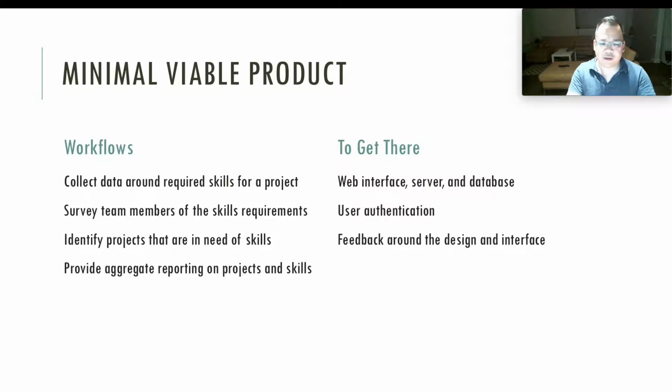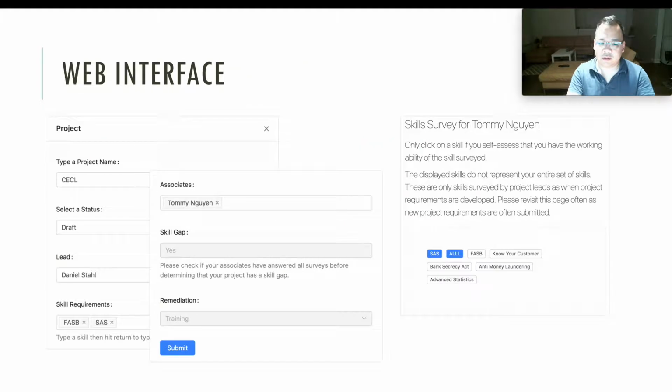I need to store data inputs onto a database. And I need to have a server that can communicate back and forth between the browser client and the database. In addition to that, I need user authentication for privacy reasons. And I also need to perform UAT testing, as I want the solution to be very approachable and valuable to my users.